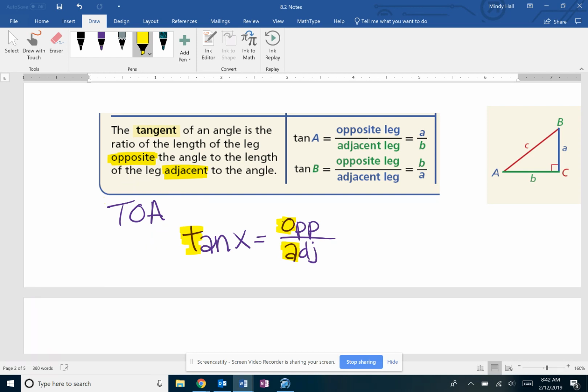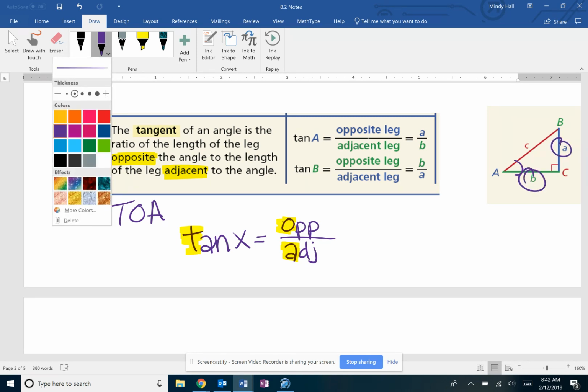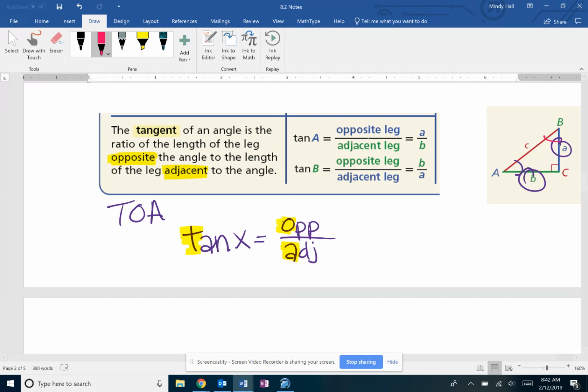Okay, so just like sine and cosine, it all changes depending on the angle that you look at. So if we look at tangent of A, my opposite is A over B. But if I look at angle B, it would be opposite angle B over my adjacent of A. So you do have to make sure that you're careful about which side is which.